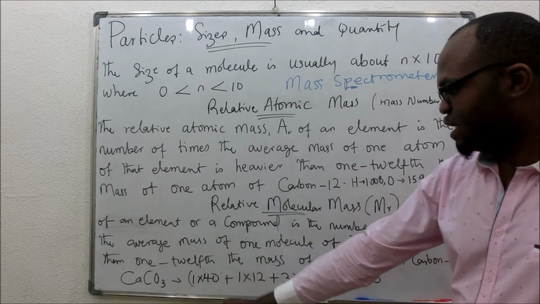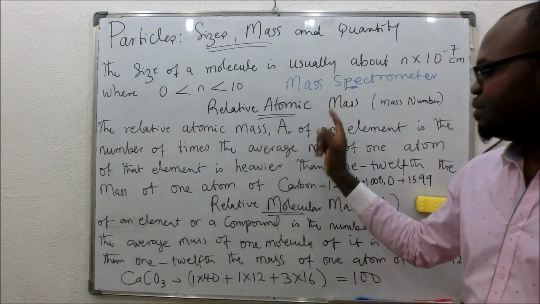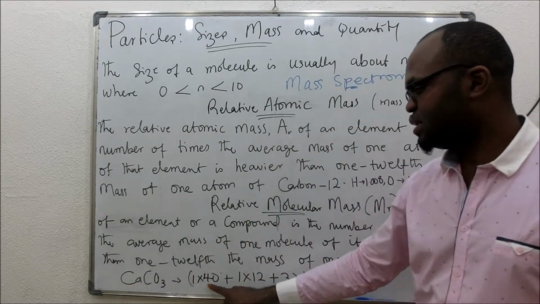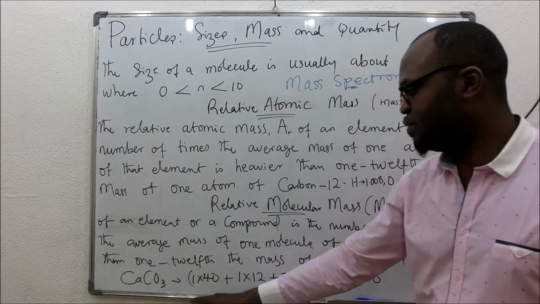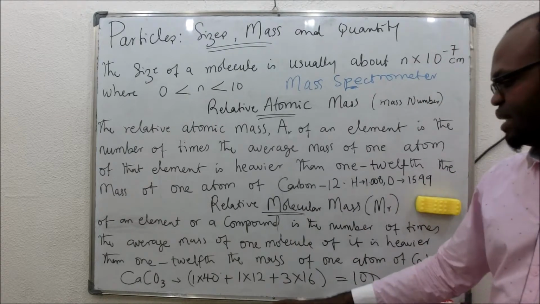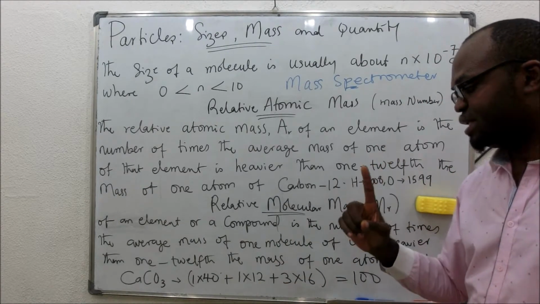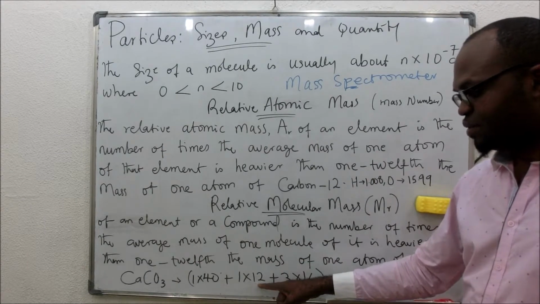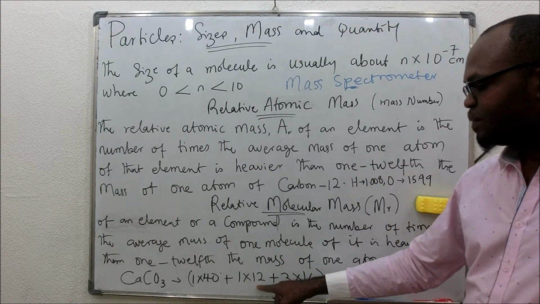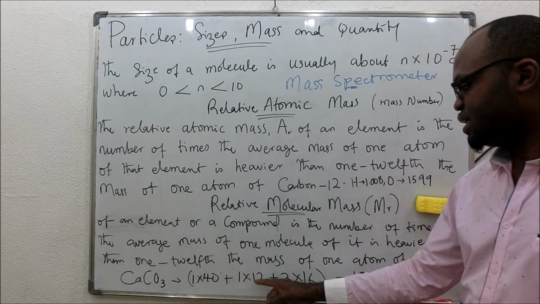You have Ca. The relative atomic mass for calcium is 40, and there is only one calcium, so you have 1 times 40. The atomic number of carbon is 6, so the relative atomic mass is times 2, which is 12, and since there is only one carbon atom, we have 1 times 12.